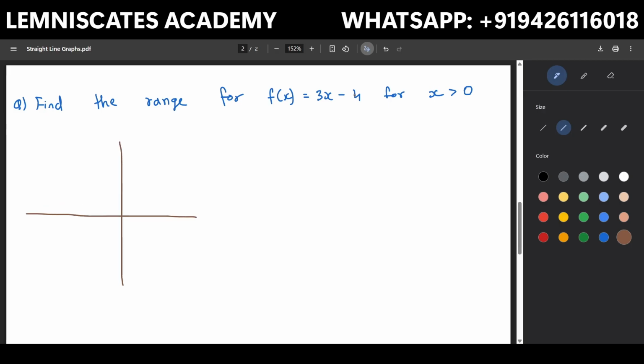My x-intercept will be 4 by 3. So 4 by 3, you can utilize your calculator and see where exactly that is going to be. So if I'm typing this in my calculator, I am seeing that the value that I'm getting is 1.333 somewhere. So maybe I'm writing this 4 by 3 over here, 1.333. Now y-intercept is minus 4, so let's say minus 4 is over here. Connect the dots to create the line.